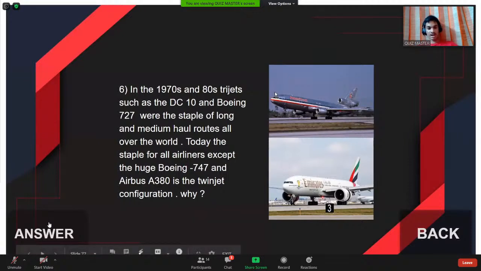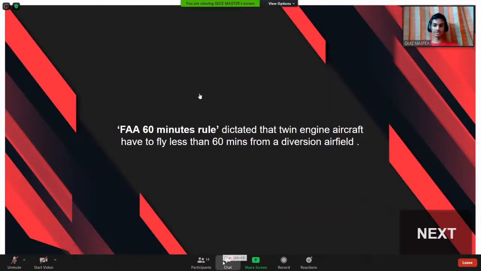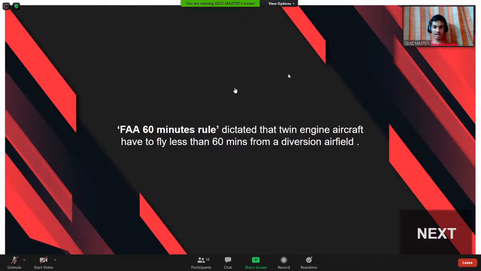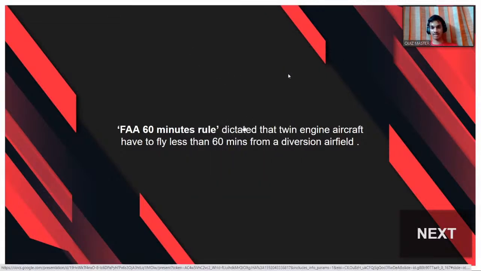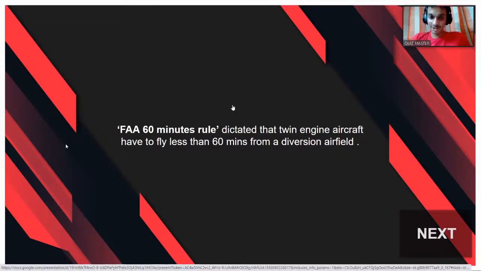Yeah. Okay, so the answer is, the FAA had a rule that twin engine aircraft can't fly more than 60 minutes away from a diversion airfield where the plane can land in case of an emergency. This was called the FAA 60 minutes rule. Then the Boeing 767 was the first plane to receive something called ETOPS certification, extended twin engine performance something, colloquially called engines turn or people swim by the aviation world.